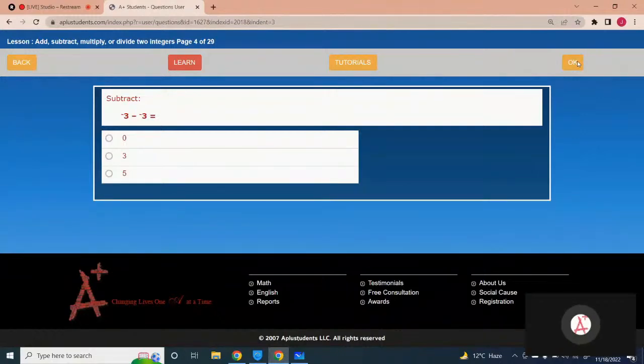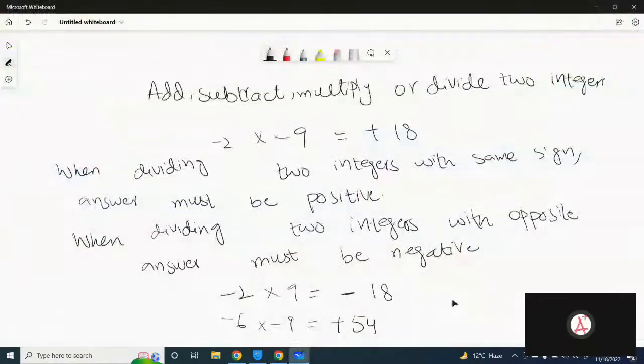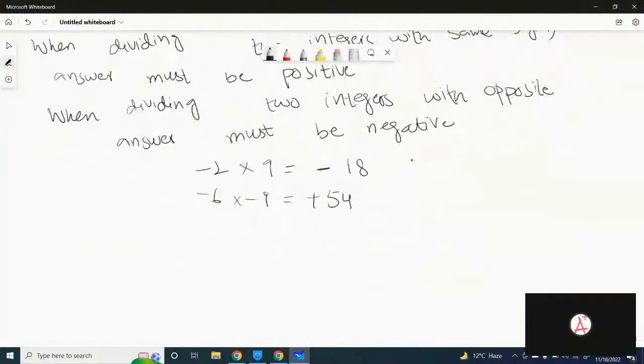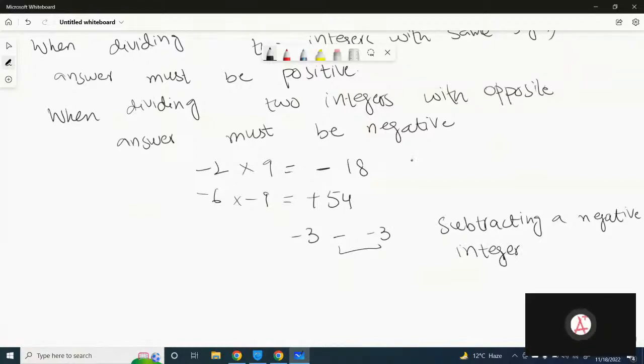Okay, negative 3 subtract negative 3. Subtracting a negative integer is the same as adding.